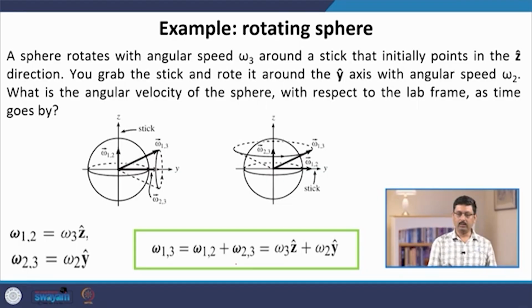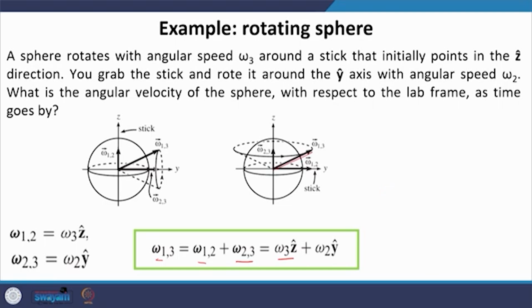So, the net angular velocity of the sphere is the sum of the angular velocity of the stick plus the angular velocity of the sphere with respect to the stick. So, now it has two components. The direction of the angular velocity of the sphere is now along this particular direction. So, it is doing some sort of complicated motion.